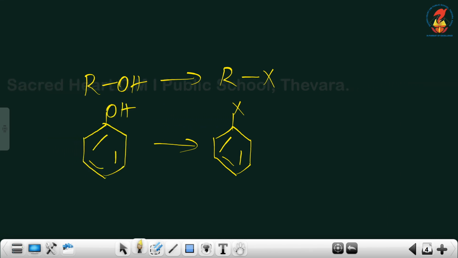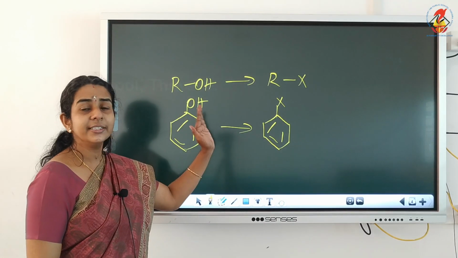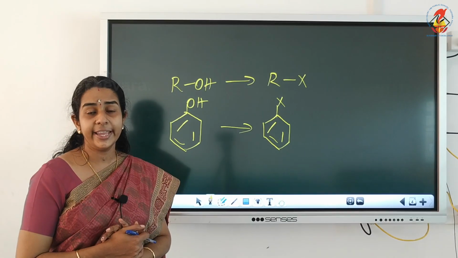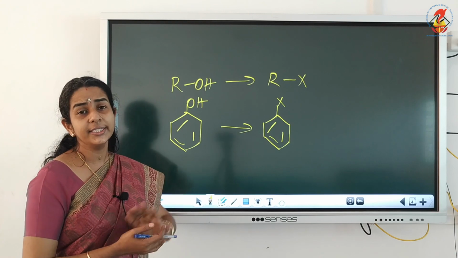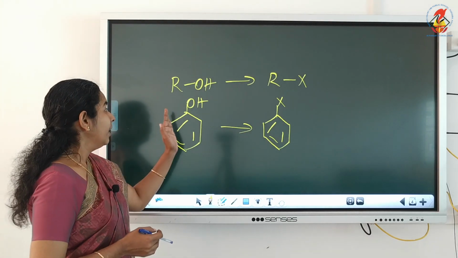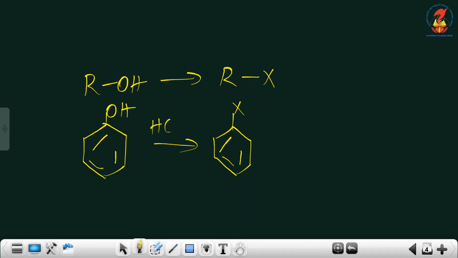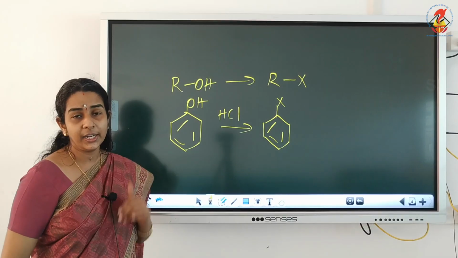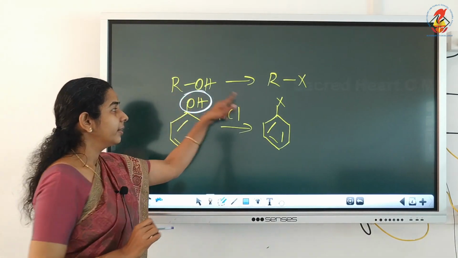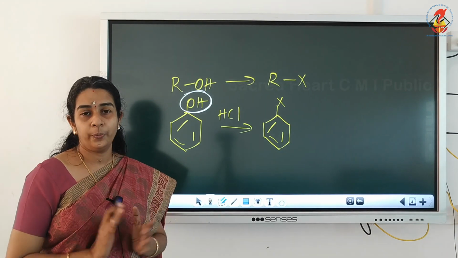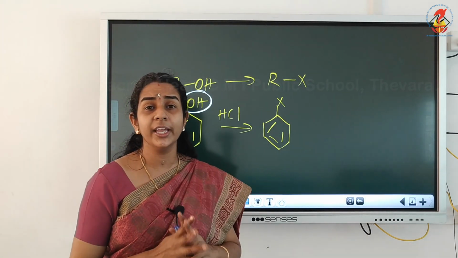Yes, phenol, isn't it? So just try to recollect the reagents we just studied. If we treat phenol with any of the above reagents, for example HCl or thionyl chloride, can we replace this OH by X? No. So aryl halides cannot be prepared by any of the above methods.